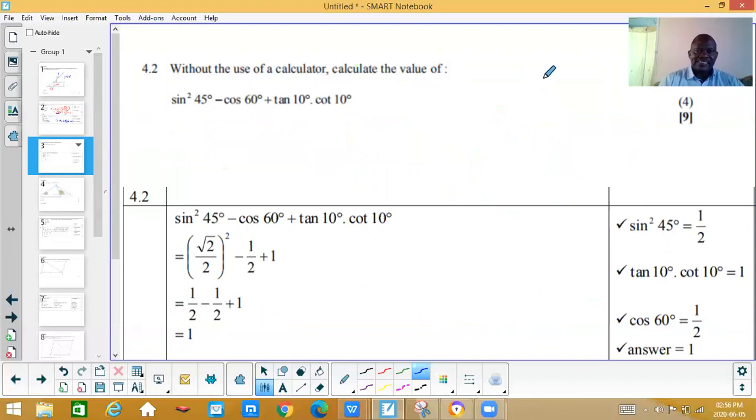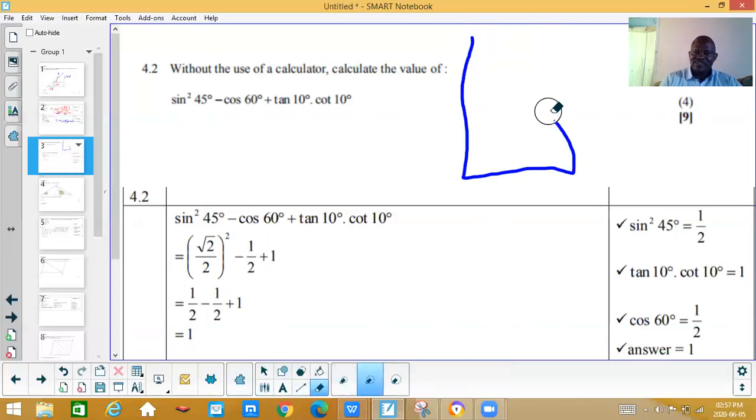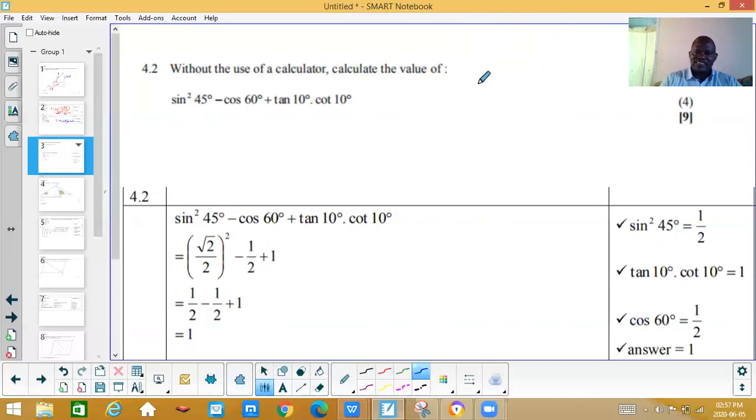Still on the same scenario that we had, we know that from our triangles, from a 90 degree, you will remember 45 degrees. I want to draw a triangle here. All right, let us draw our triangle. Let me say it is something like this, a straight line there, and then we drop a perpendicular.